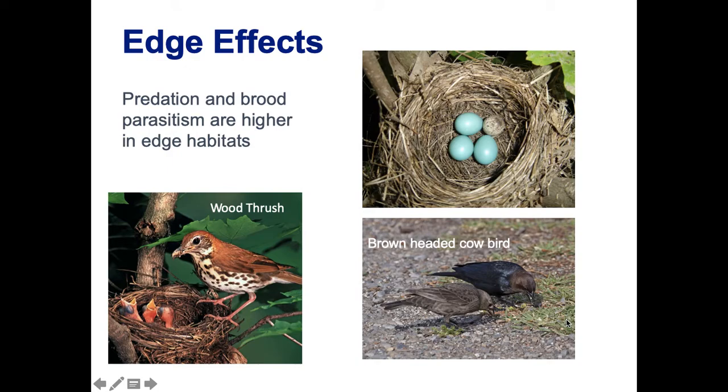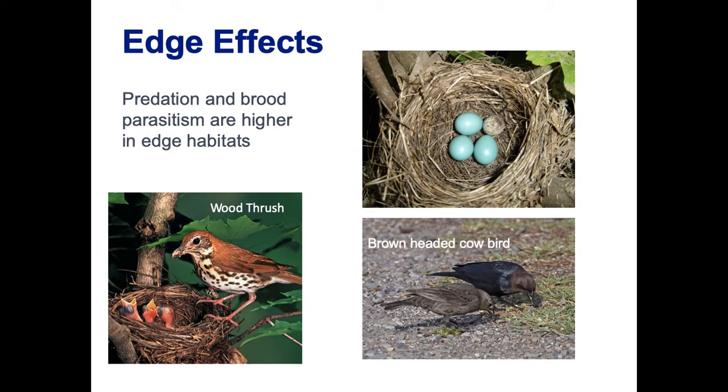They historically would follow herds of bison and specialize on getting food as bison kicked up insects when they were grazing. So they were always moving around, so they didn't stop and couldn't raise their own nest. So they will lay eggs in the nest of another bird, and I talked about this back when we talked about parasitism.